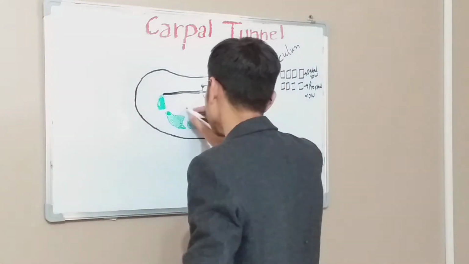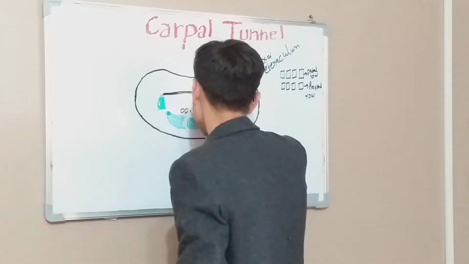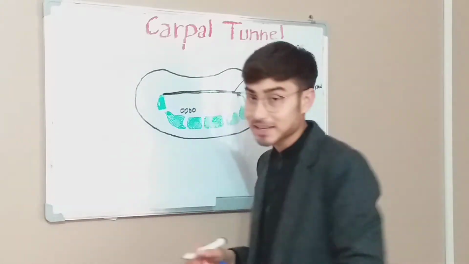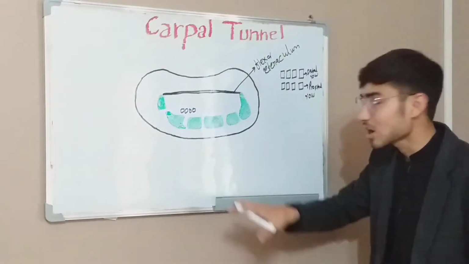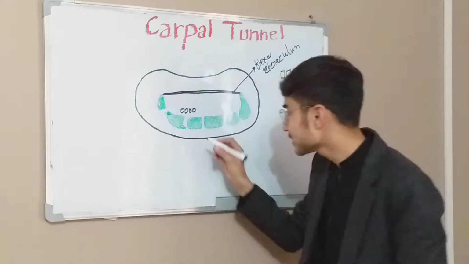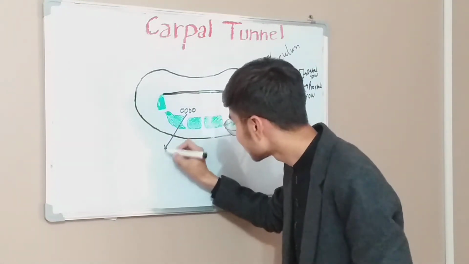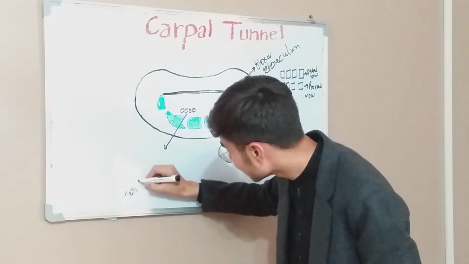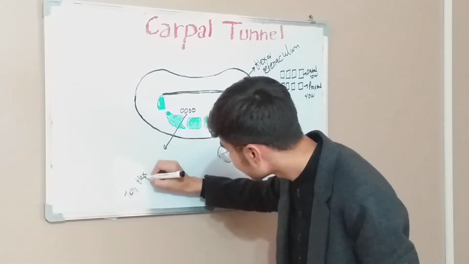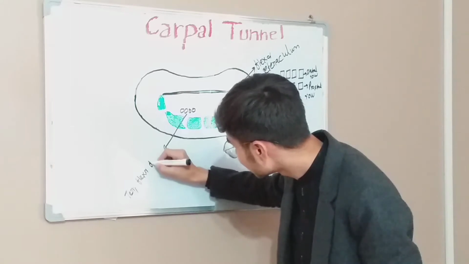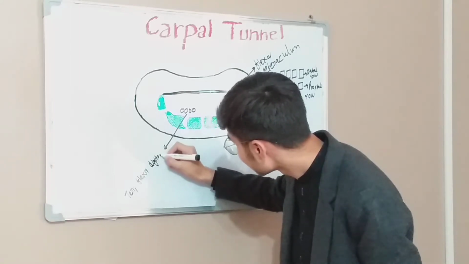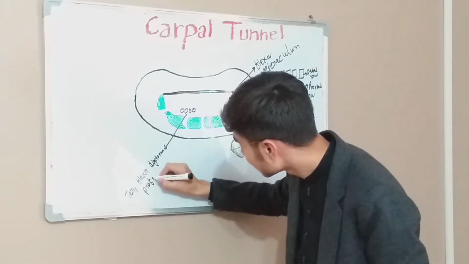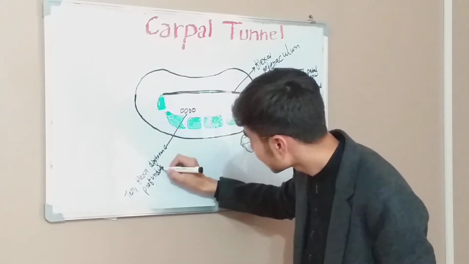Now the carpal tunnel is conveying the flexor tendons, as I have already told you. So the carpal tunnel is conveying the flexor digitorum profundus. These 4 are the tendons of the flexor digitorum profundus, right?